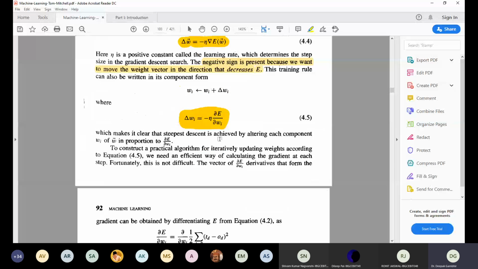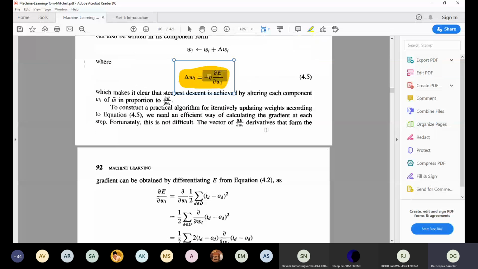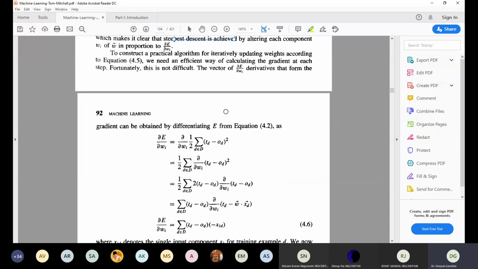So we will use the change in weight as minus the learning rate times the partial derivative of the error E. Error E is half the summation of target minus output squared. Now if you take the partial derivative of the error with respect to the weight for each weight, the error is half (t minus o) whole squared, where d is shown for each example d.